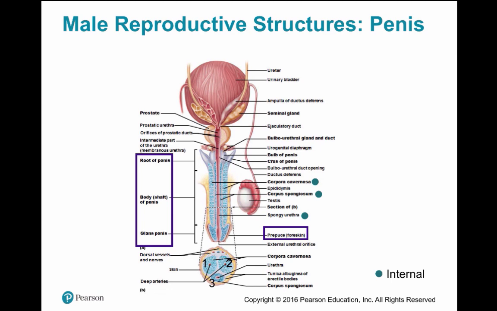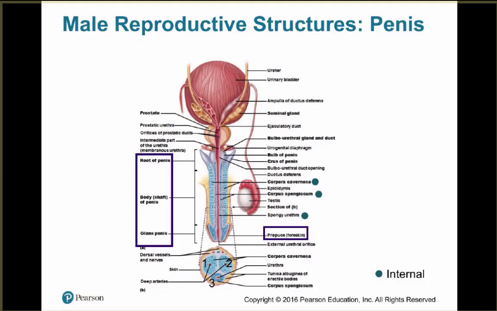So now let's actually look at the penis itself, and the overall organs. So when we look at this, the penis is the copulatory organ, right? And so when we're talking about the external genitalia, that essentially is talking about the scrotum and the penis itself.